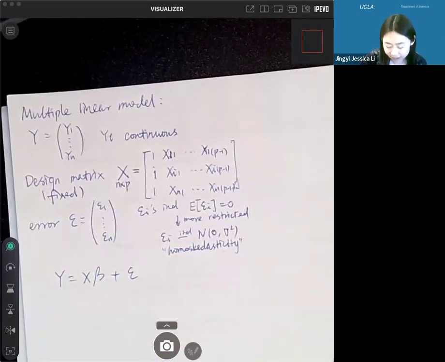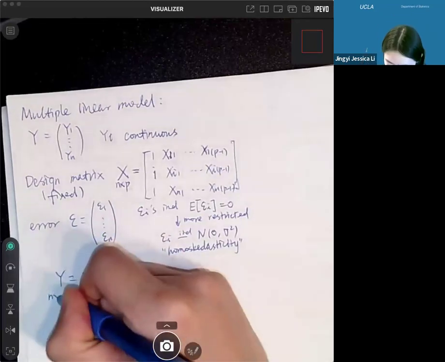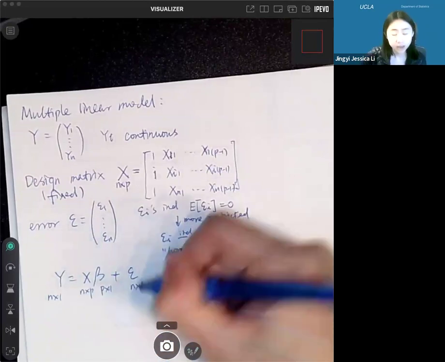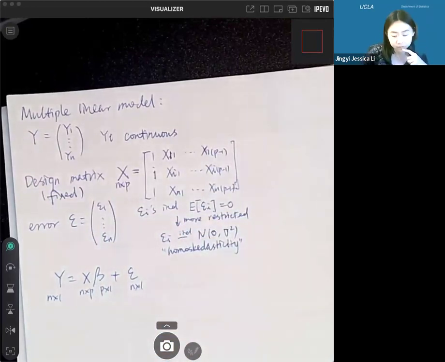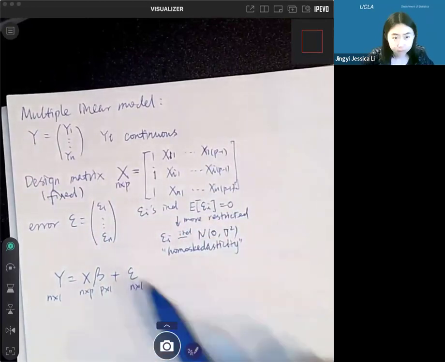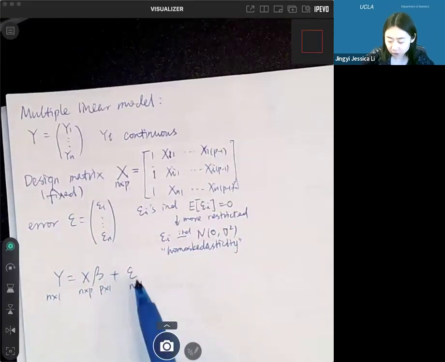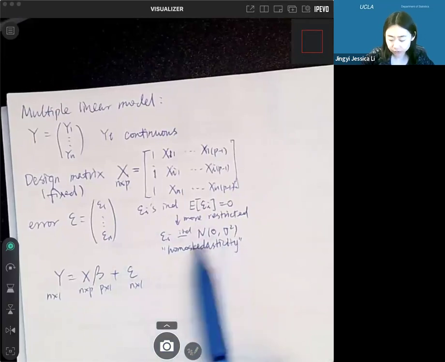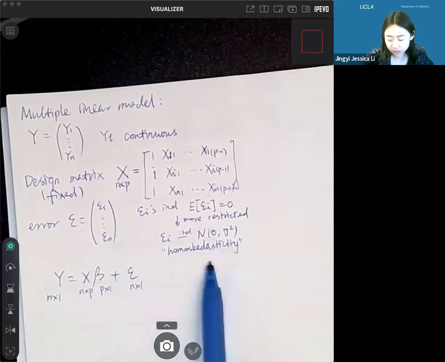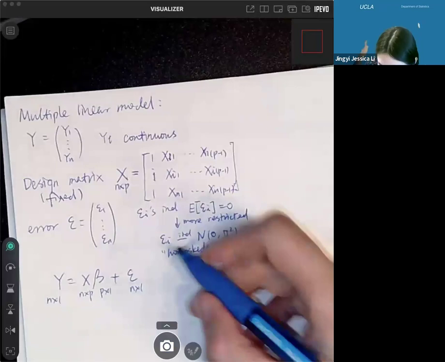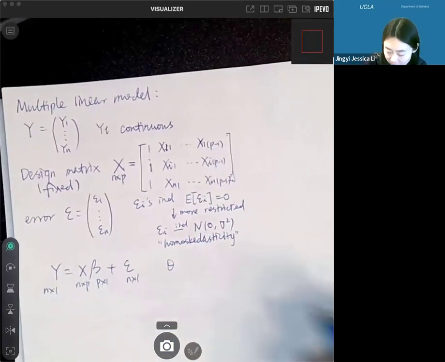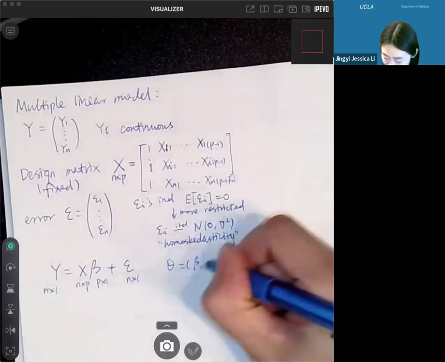Okay, so again, it's matrix. So n by 1, n by p, p by 1, n by 1. And the parameter of our interest is beta. Even though we also need to consider this sigma square, under this most restrictive form we need to have the parameters, which is typically denoted as theta in statistics, as beta and sigma square.